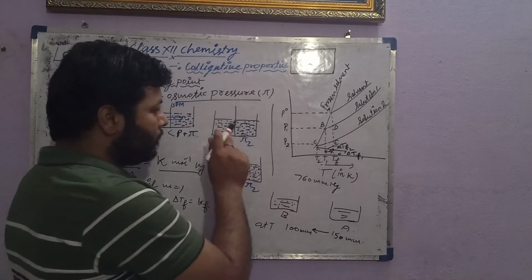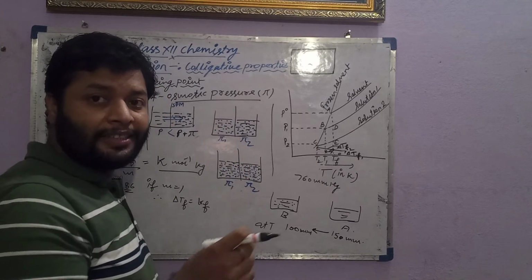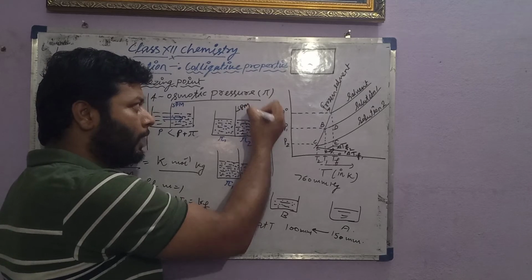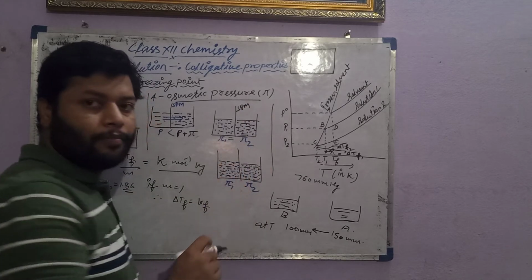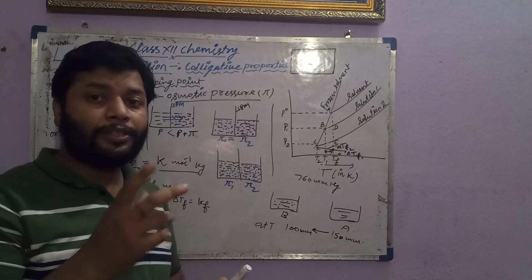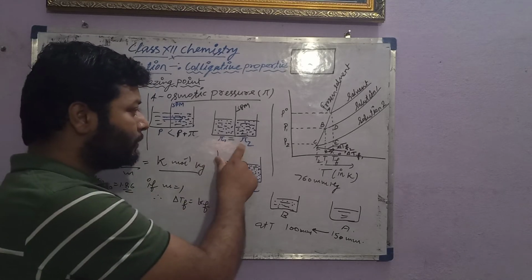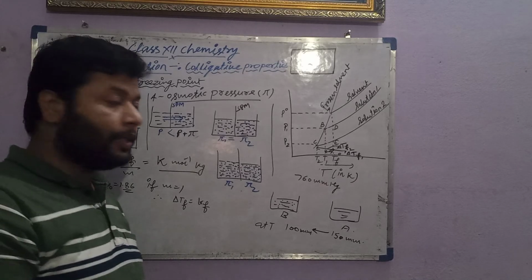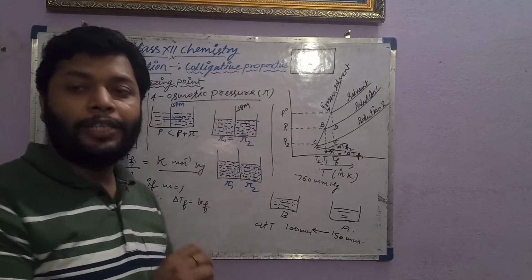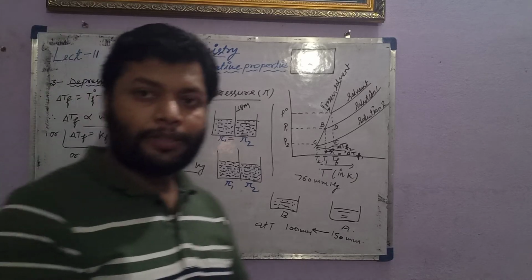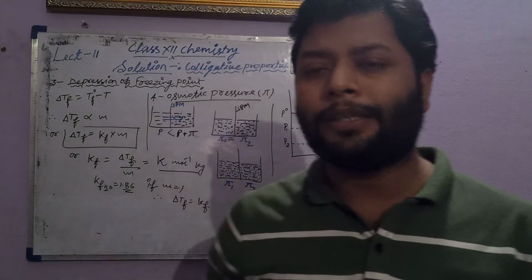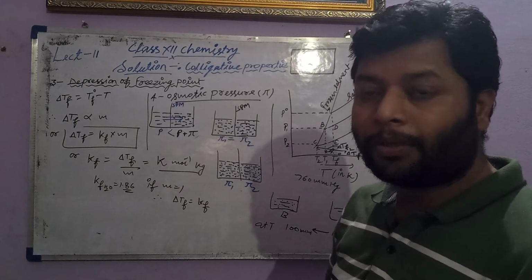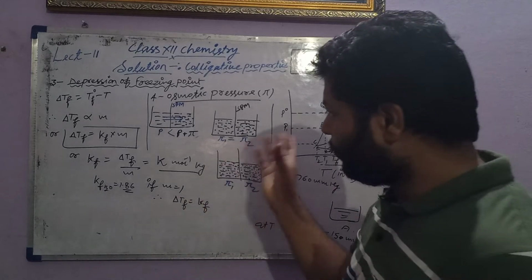If two different solutions separated by a semi-permeable membrane have the same osmotic pressure, they are called isotonic solutions. In an isotonic solution, there is no net flow of water from either side.